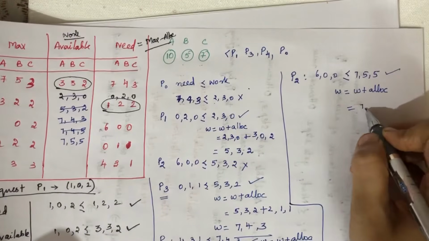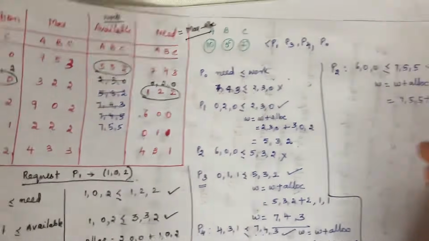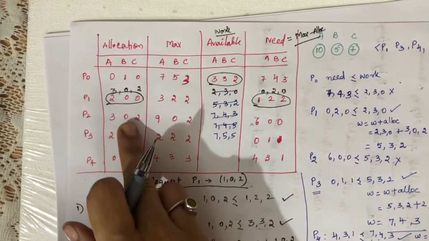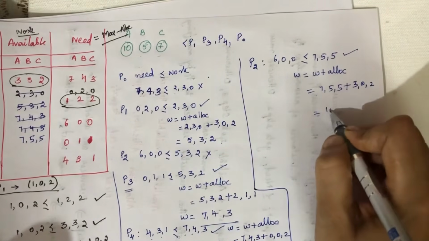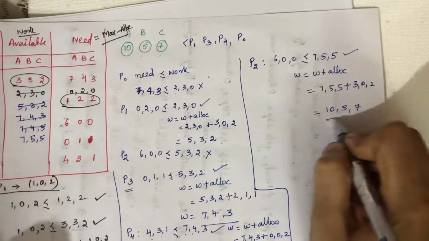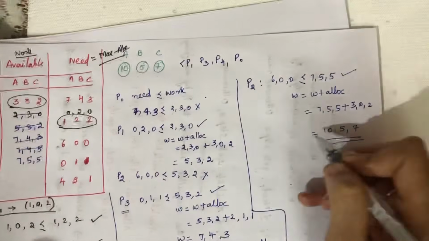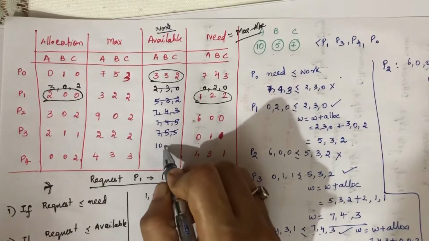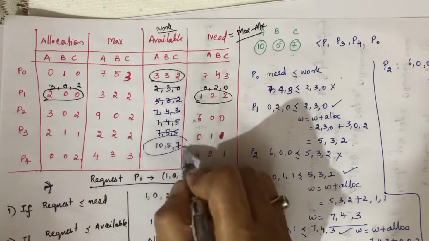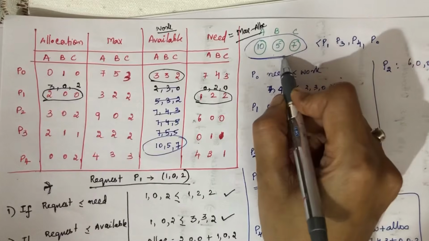The work value 755 plus the allocation for P2, which is 302, will be 1057. So 1057 will be the new work value, and we change it here. This is the available resources in the system.